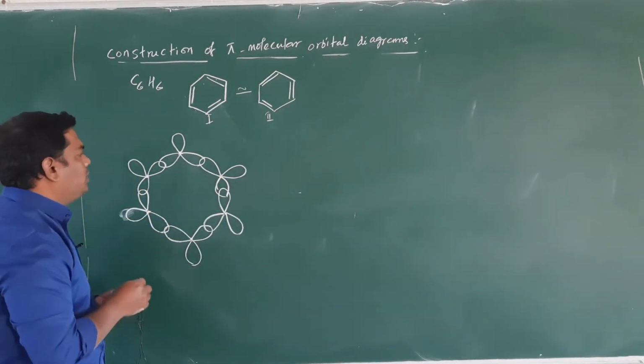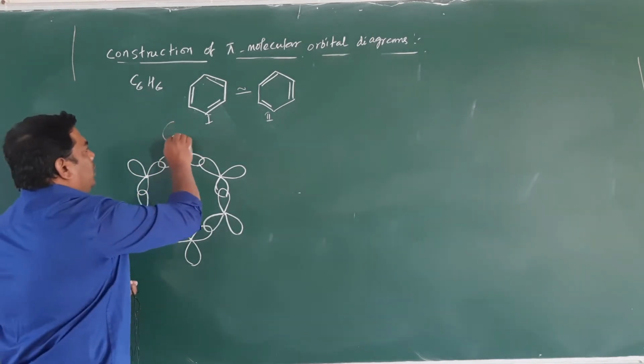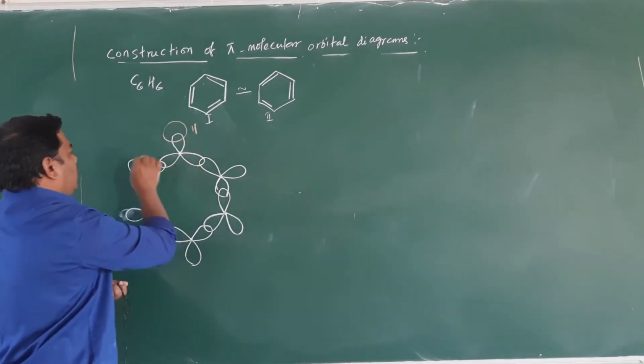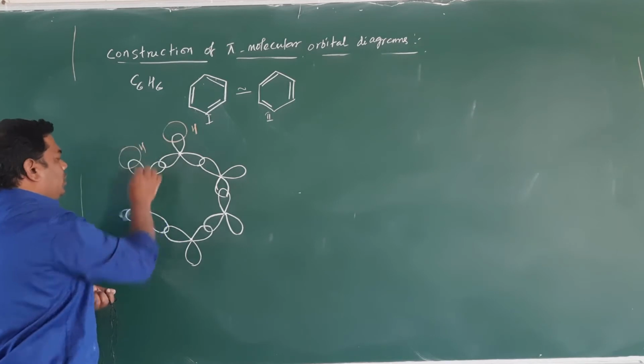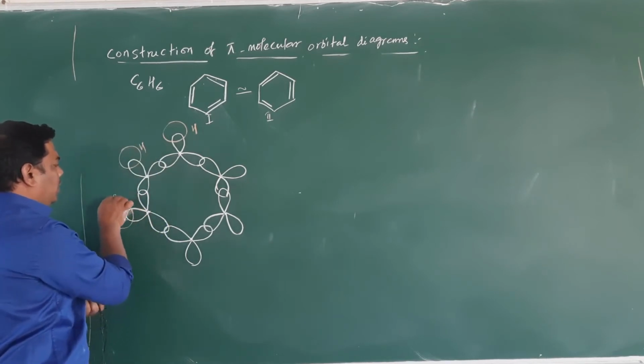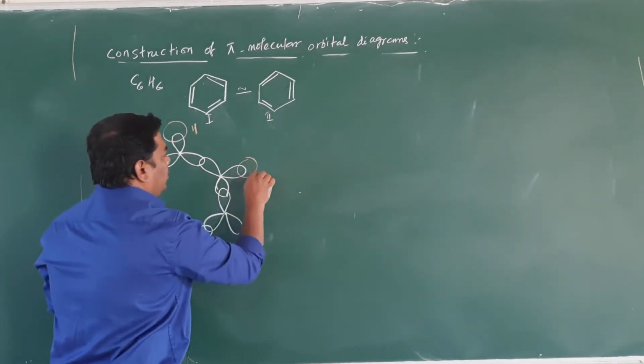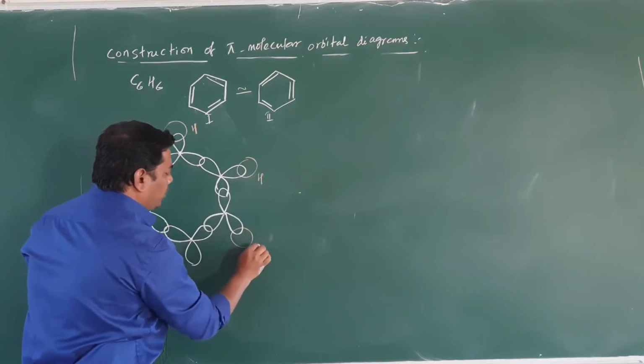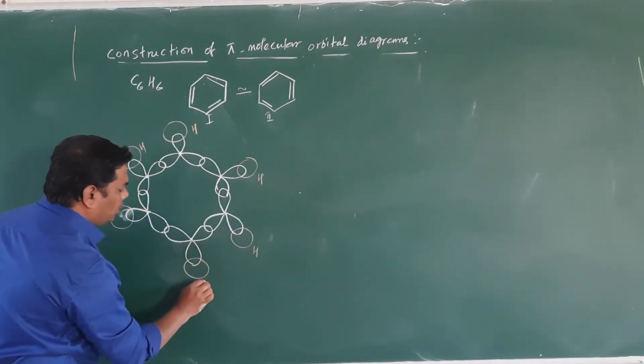Each carbon has a hydrogen atom. This is the 1s orbital of the hydrogen atom. So this is a hydrogen atom, this is a hydrogen atom, this is a hydrogen atom, and here you can see this is the hydrogen atom.